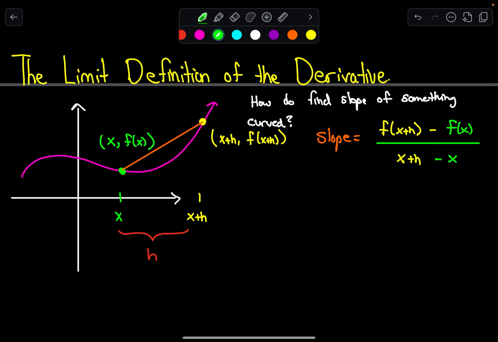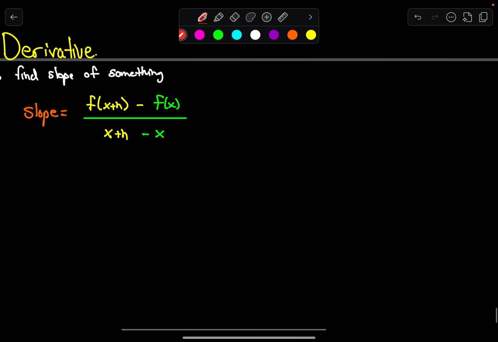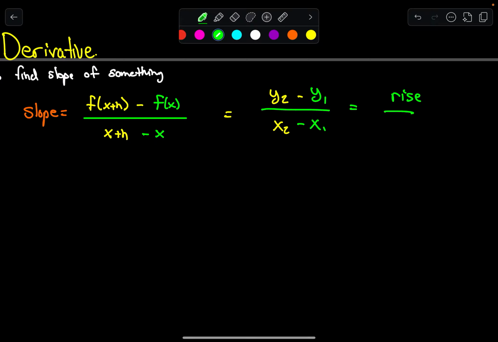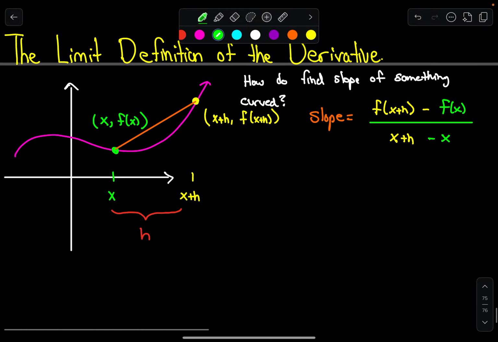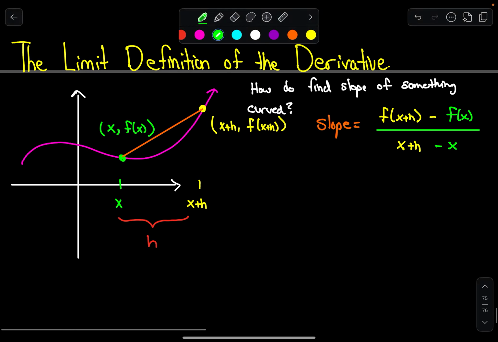And if this looks super foreign to you, again, you can think about it as the same thing as y2 minus y1 over x2 minus x1. This right here is my rise over run from algebra class. Okay, we're just using a slightly different notation, but it's the exact same thing. Just when we talk about slope, this is how we calculate it.